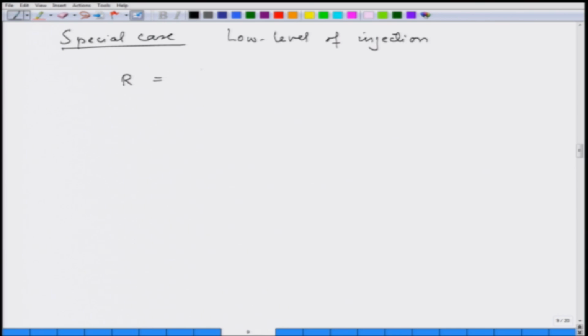So, we have the recombination rate in a steady state, which is given as np minus n_i squared divided by tau_p (n plus n1) plus tau_n (p plus p1). Generally, as we said, we normally have one majority carrier.